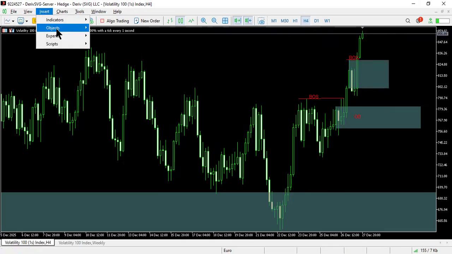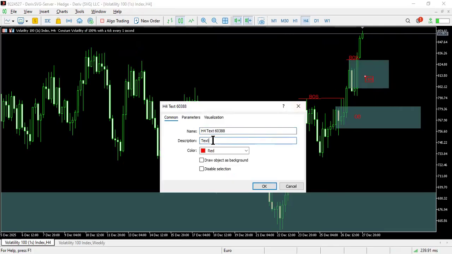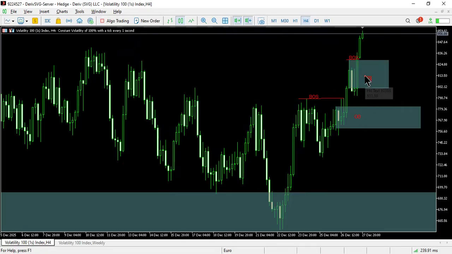That is also another point of interest we are going to be watching out for. And that's it from the 4 hours time frame.